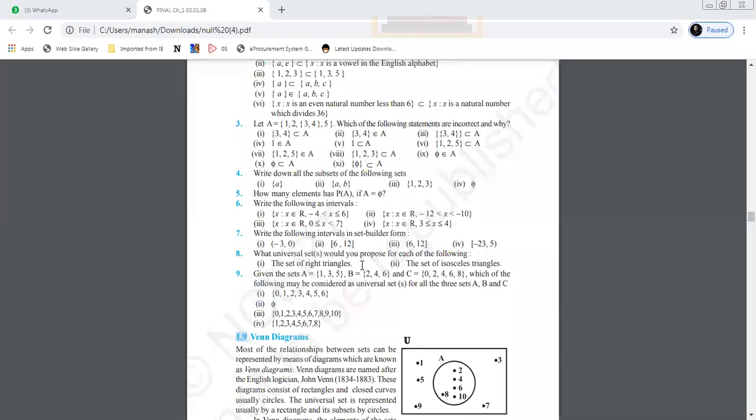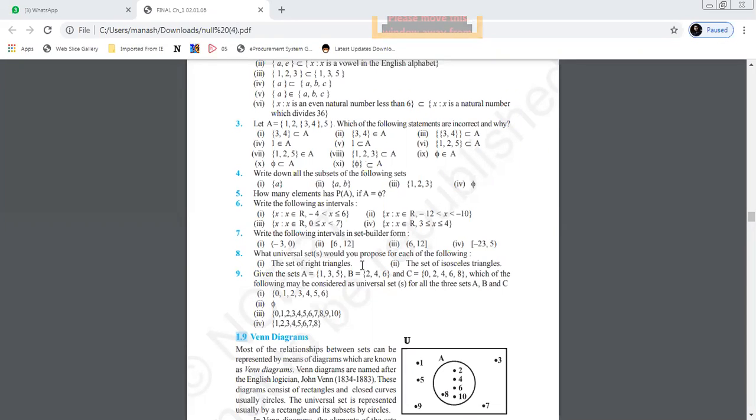Universal set is the set which includes all the sets. In any context or any discussion, the biggest set is called the universal set.